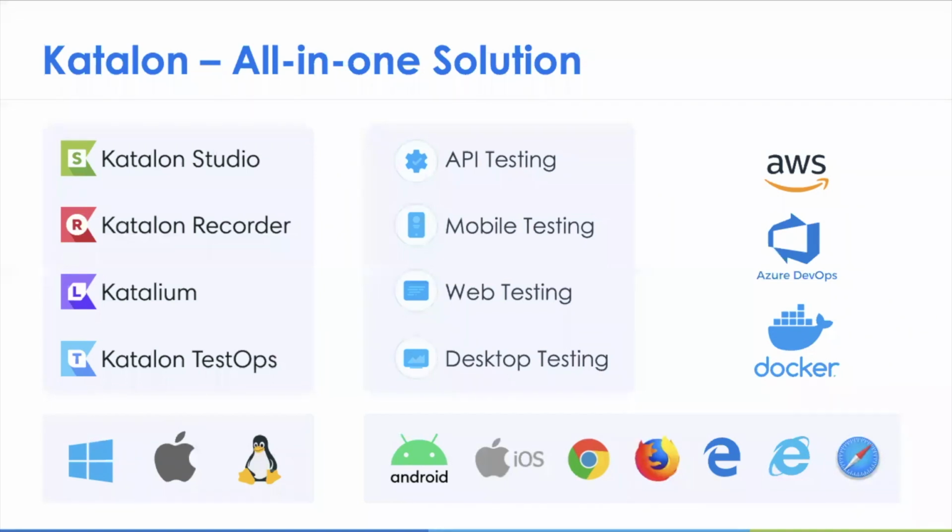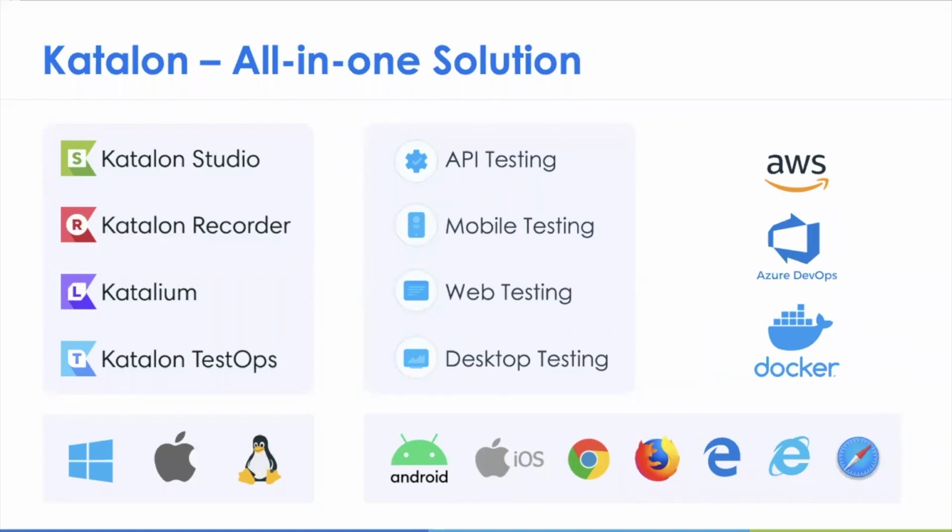And you might know already that Katalon Studio is a script generation and execution tool that can do testing with not only web testing, but also API, mobile, and desktop testing. For Katalon Studio, this is the second consecutive year that it is named the best automation testing tool on Gartner.